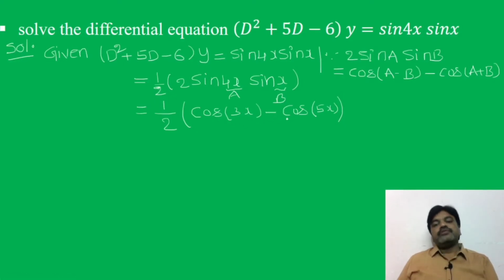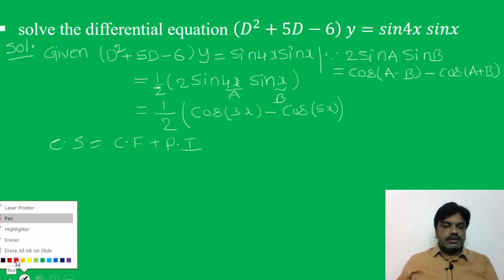Okay, now this is case 2, friends. We have the formula and the procedure here. So, what is the complete solution of this problem? Complete solution equals complementary function plus particular integral.